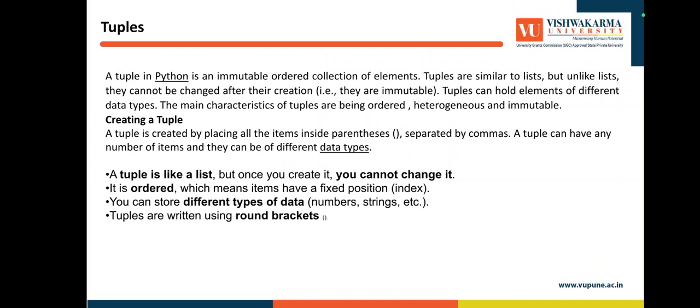It means it is immutable, so we cannot modify the data inserted in a specific tuple. It is ordered, which means items have fixed positions. We cannot change the position while doing indexing in a specific tuple. You can store different types of data like numbers, strings and integers in it. Tuples are written using round brackets, as shown in this slide.